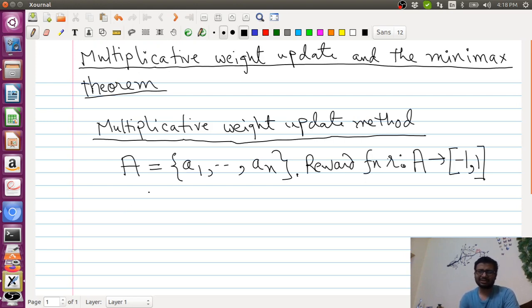Now consider the following online game, which proceeds in discrete time steps t equal to 1, 2, 3 and so on up to capital T, let's say.